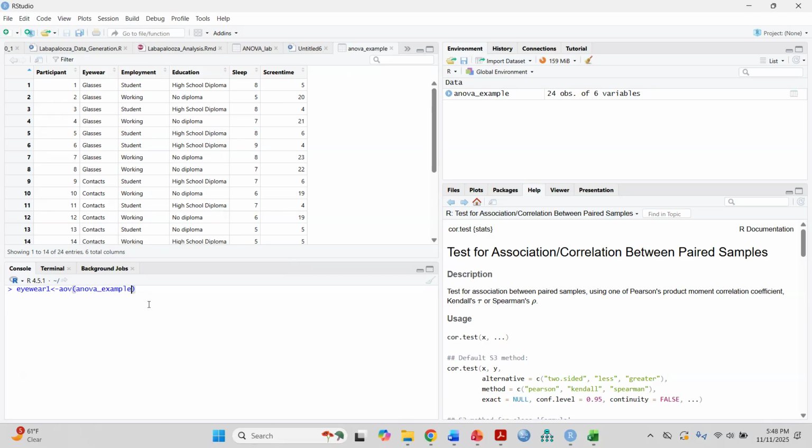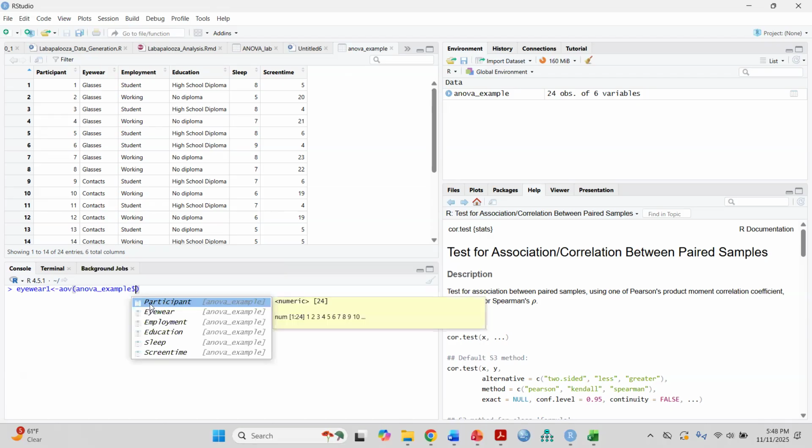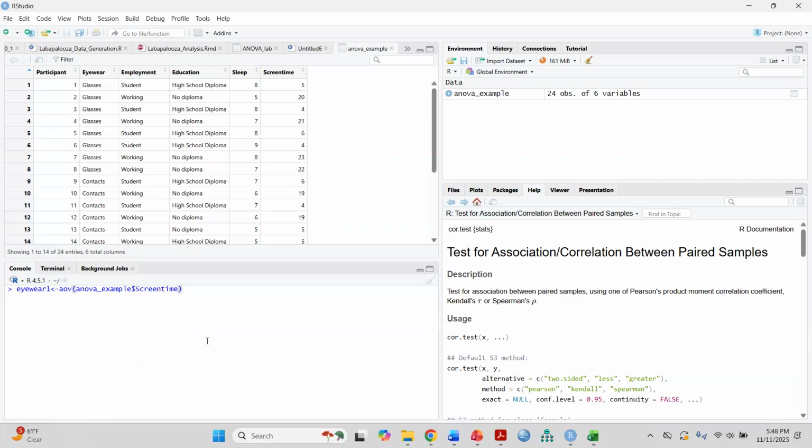And then I put a dollar sign, and that's going to tell R, hey, I'm talking about a specific column of my data set, my data frame. And in this case, the dependent variable is screen time. So that's what I'm interested in. Then you put a tilde, a little squiggly tilde, and then you put your independent variable. In this case, it's going to be eyewear.